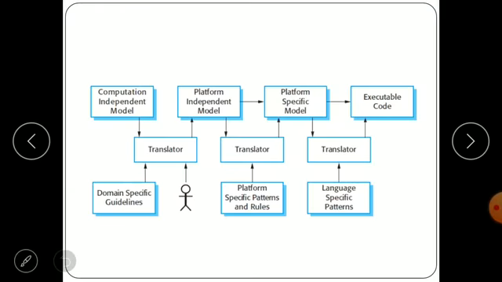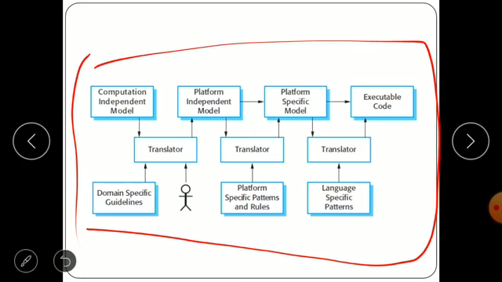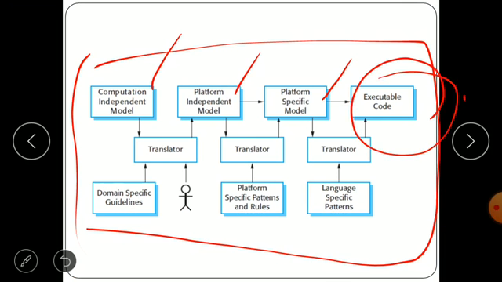This diagram shows the MDA transformation. You can see that CIM is there, PIM is there, and PSM is there. Then at last we are going to get the executable code.